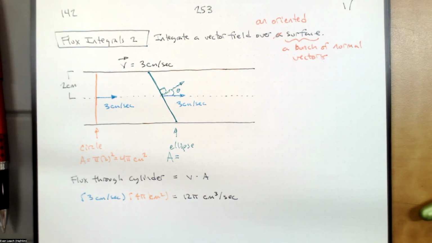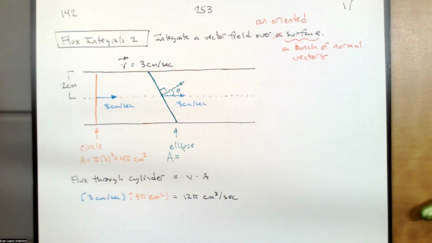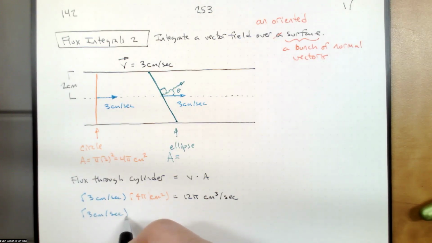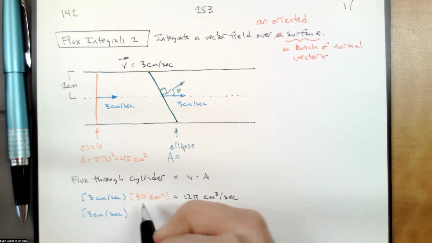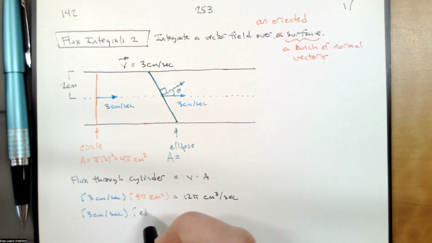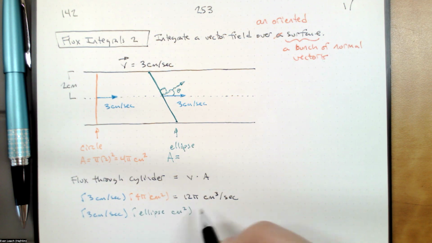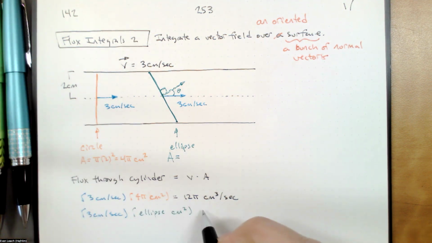So it should be 12 pi cubic centimeters per second, regardless of what area the water is passing through. So if we have the ellipse, that should still be 12.